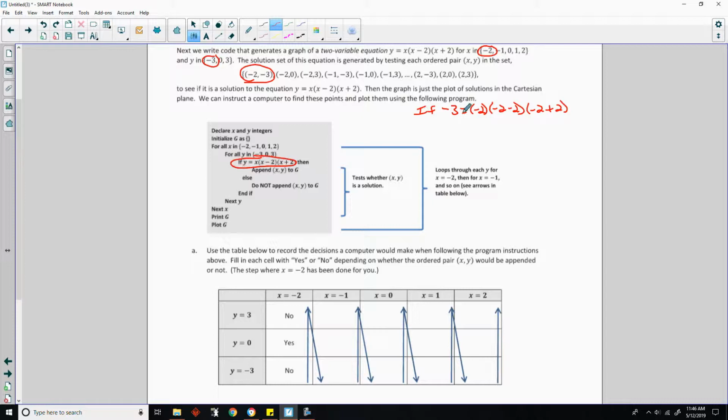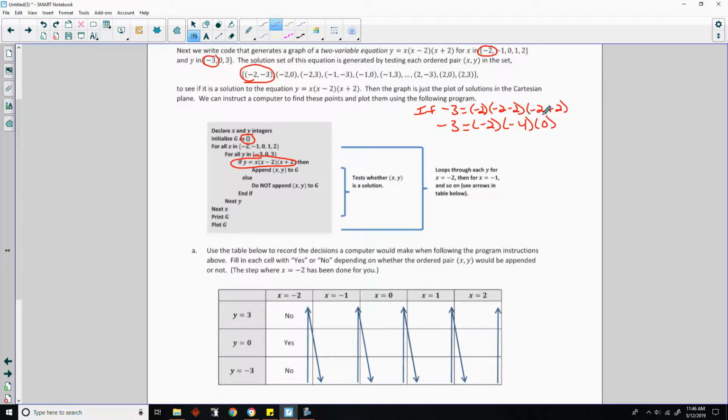Okay, so if this is true, then append the point x, y to G. Else do not append x, y to our set G, our empty set. Okay, so it's going to do the calculation. And I'm just going to simplify inside the parentheses first. -2 minus 2 is -4, and -2 plus 2 is 0.